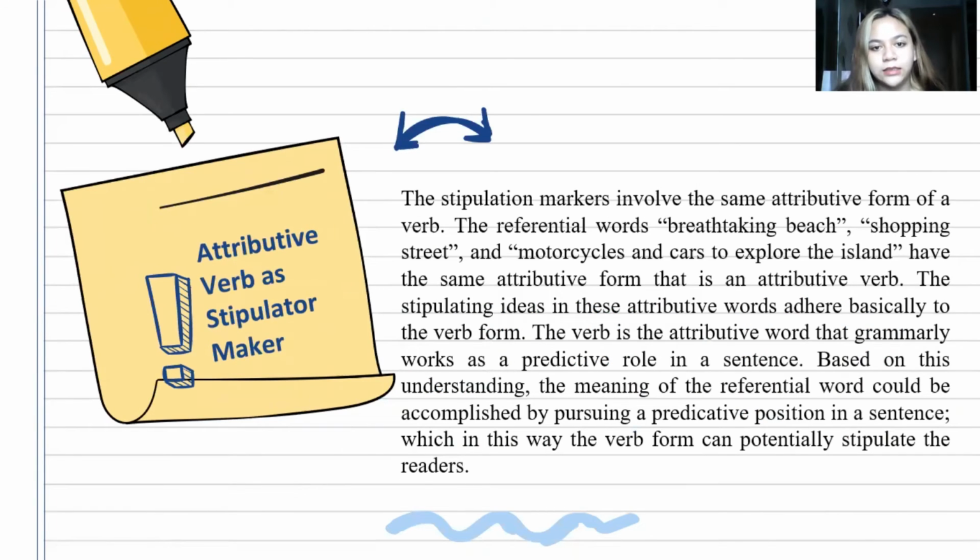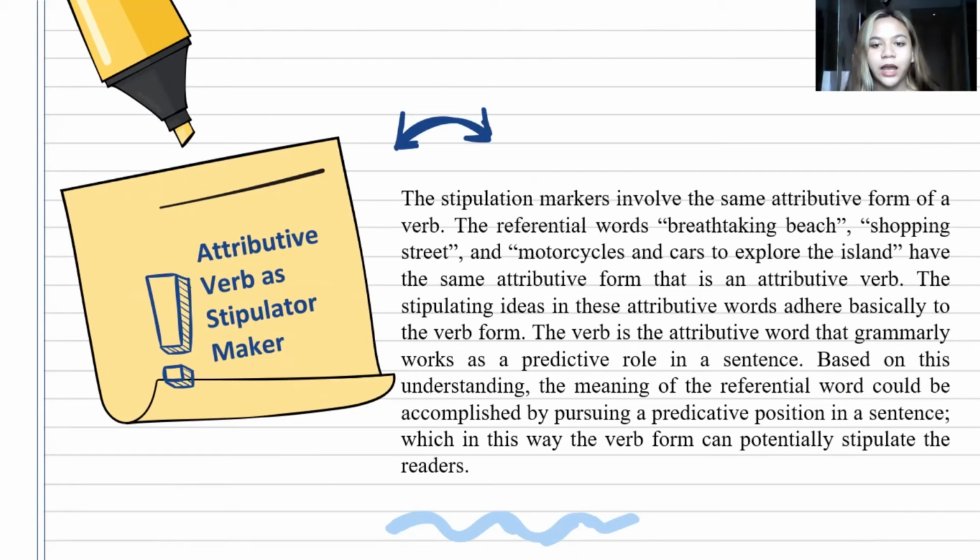And then the last is the attributive verb as a stipulator marker. The stipulation markers involve the same attributive form over a verb. The referential words breathtaking beach, shopping street, motorcycles, and cars to explore the island have the same attributive form, that is, an attributive verb.